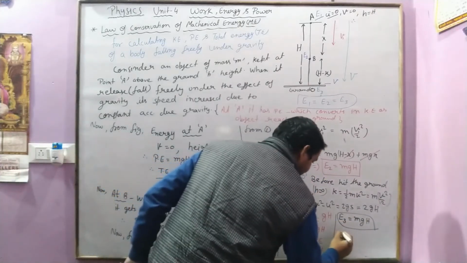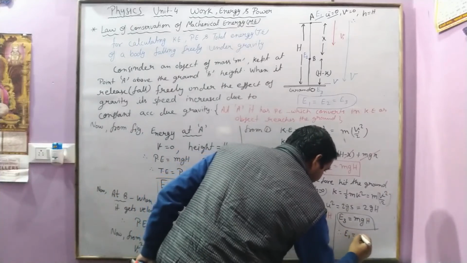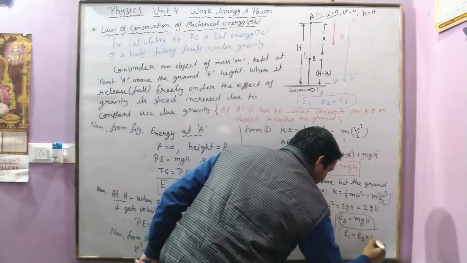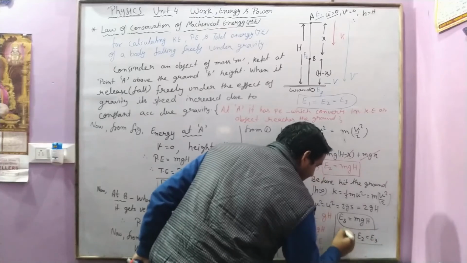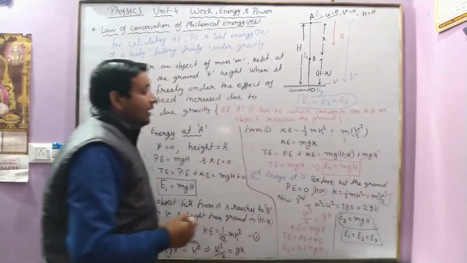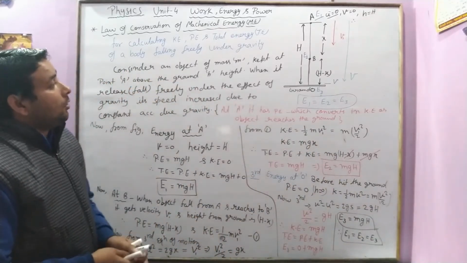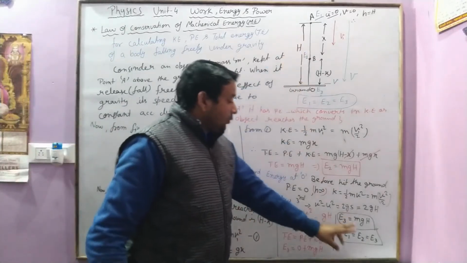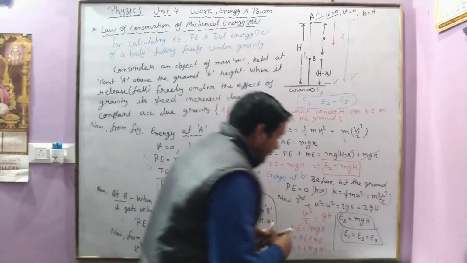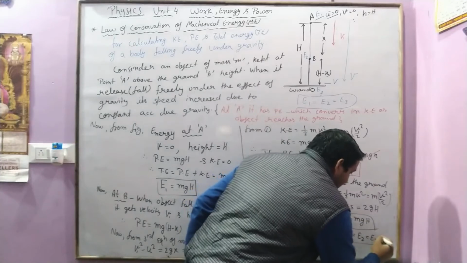Therefore E1 equal to E2 equal to E3, that is the mechanical energy at all the three locations is equal to mgh. Hence the mechanical energy is conserved.